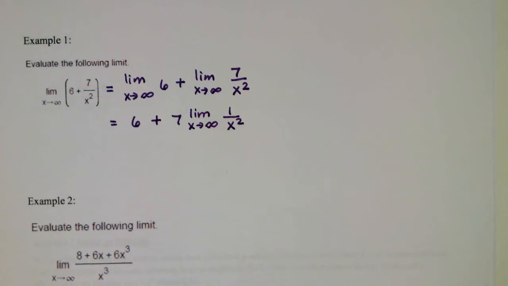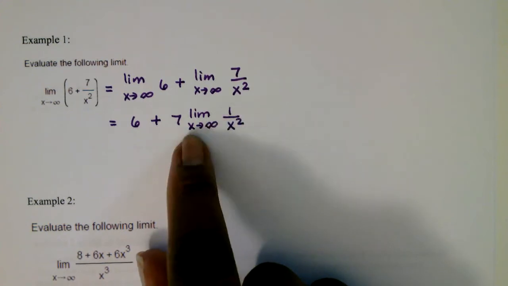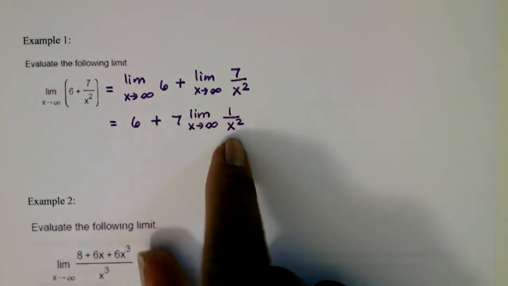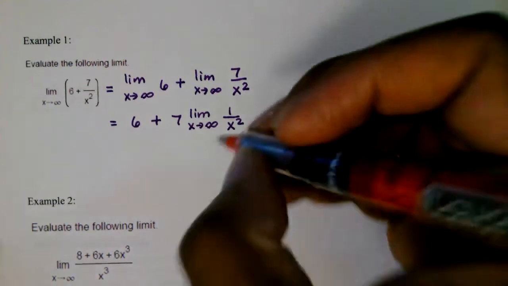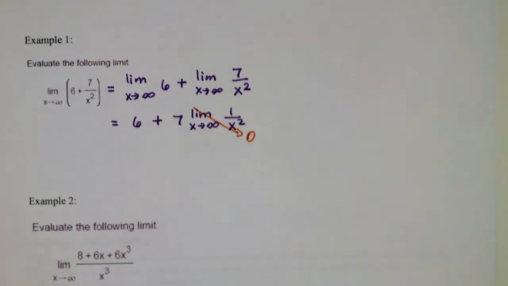Now, as you're going to see, based on that rule that I just showed you, as we take the limit as x approaches infinity, 1 over x squared will be getting closer and closer to 0.